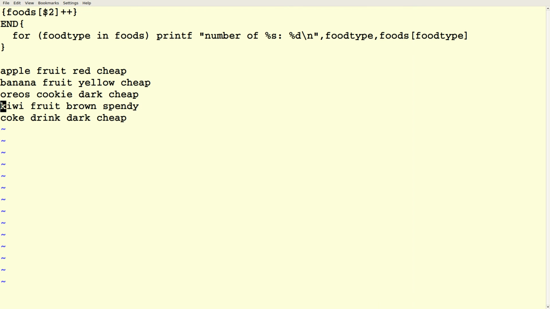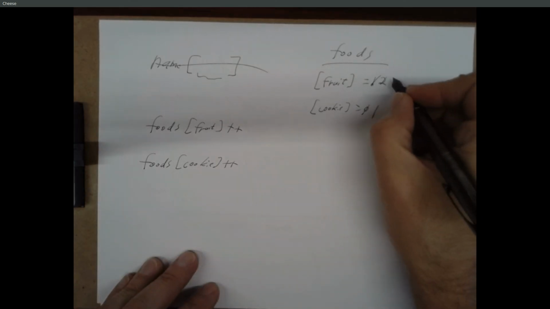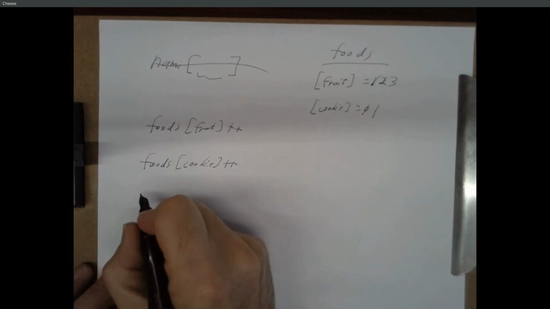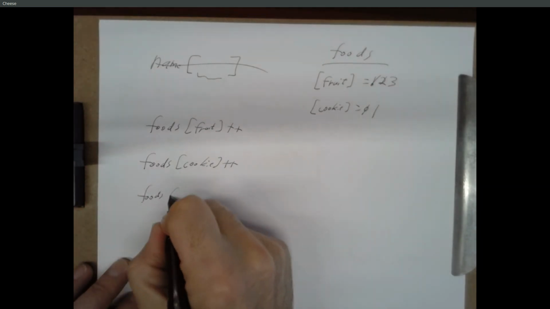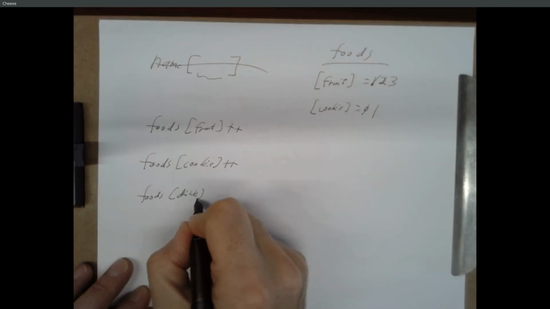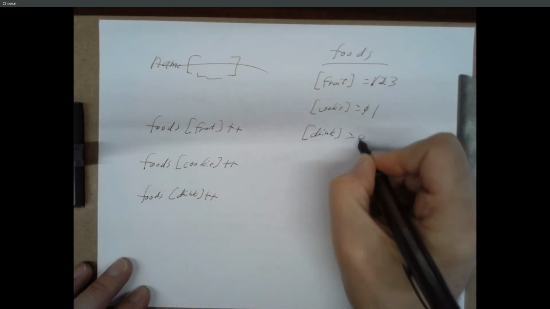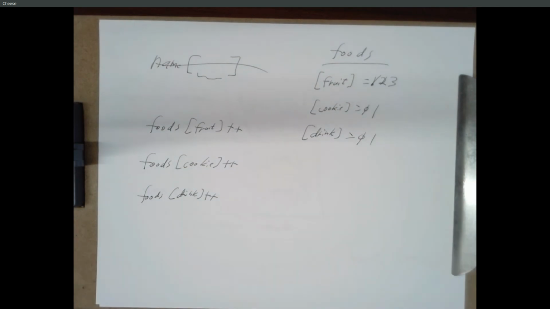And then the fourth line, it reads fruit again. It says foods[fruit]++, so this becomes a 3. And then the fifth line, $2 is drink, so that says foods[drink]++. So it creates this, initializes it to 0, does the ++, and it's 1.